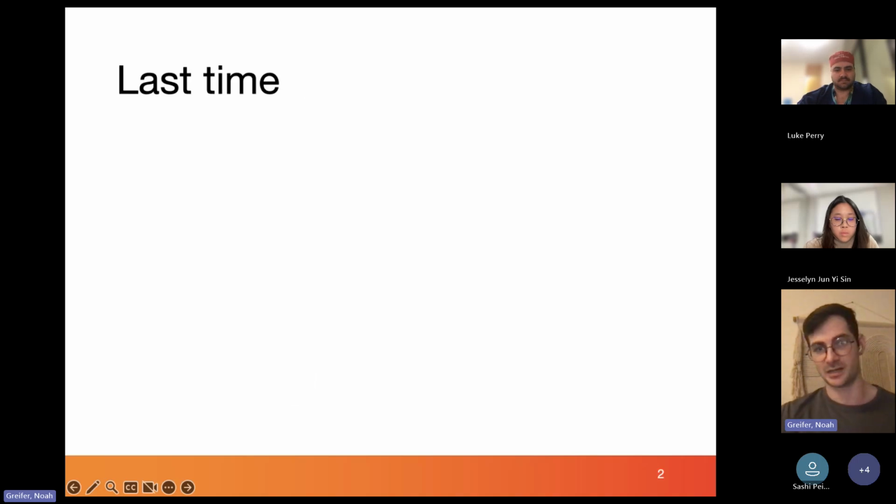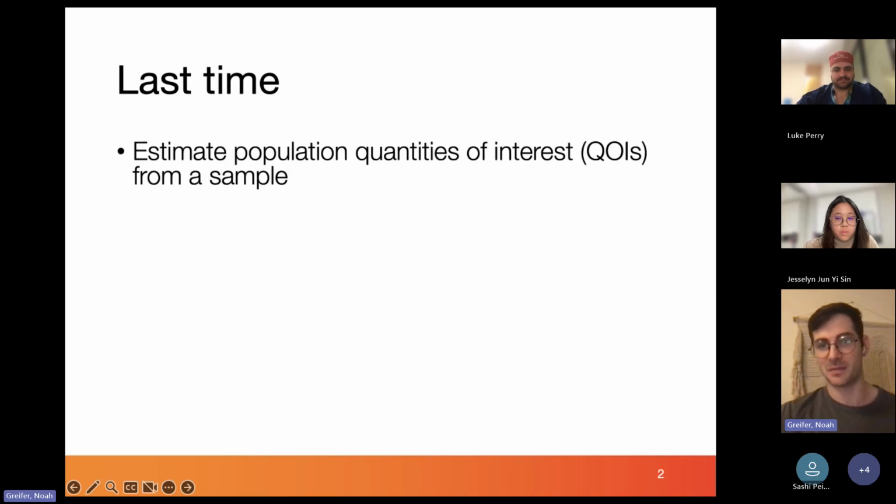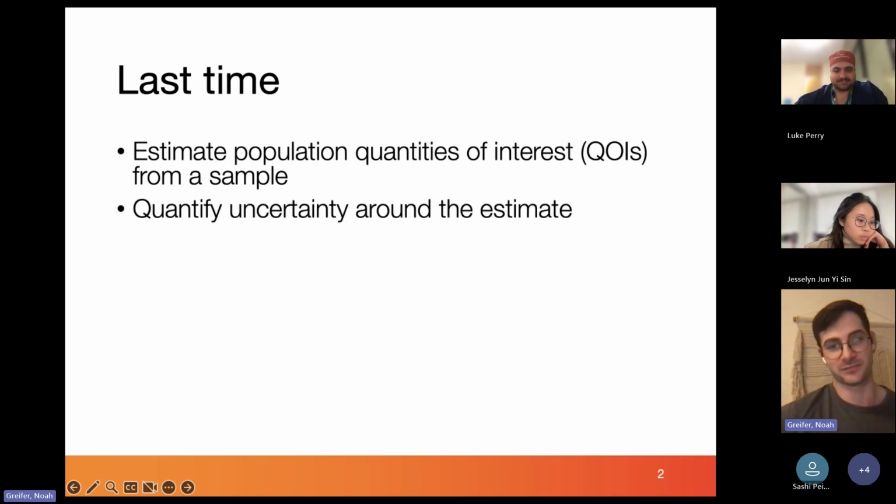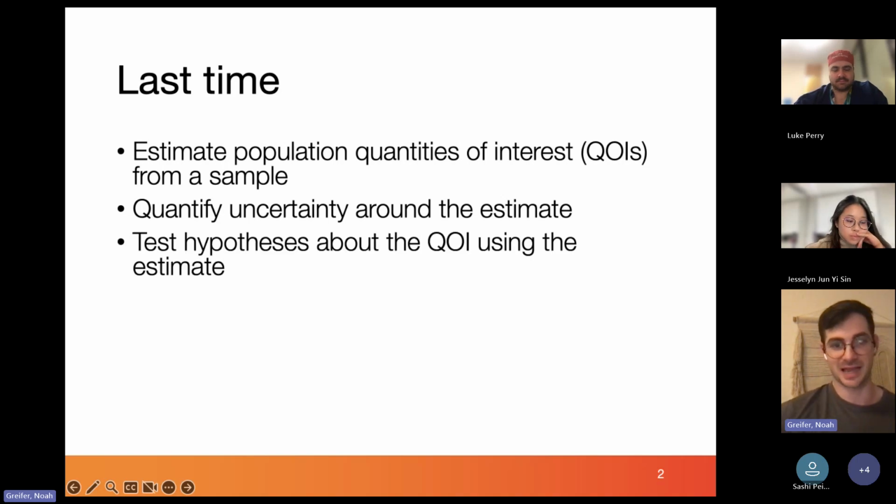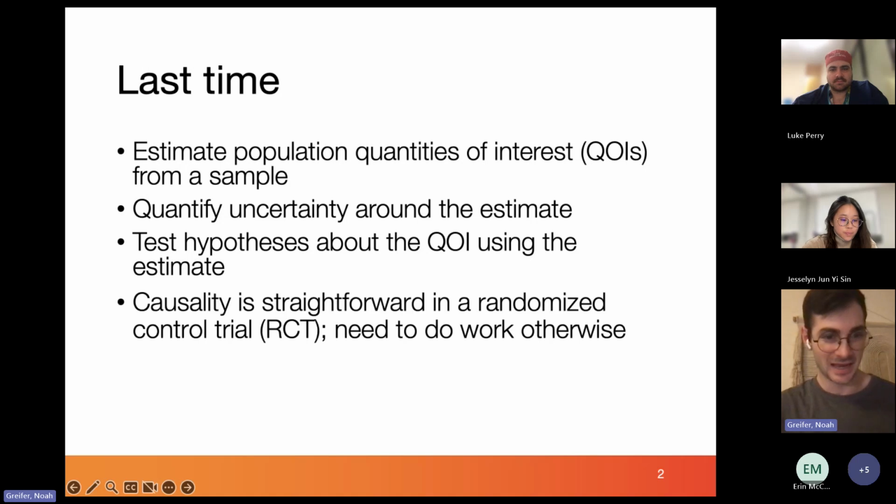Last time we talked about how to estimate population quantities of interest, or QOIs, from a sample, how to quantify uncertainty around that estimate, and how to test hypotheses about that quantity of interest using the estimate. We didn't spend a lot of time talking about what quantities of interest we are actually going to be estimating, but that is more of the focus of today's talk.